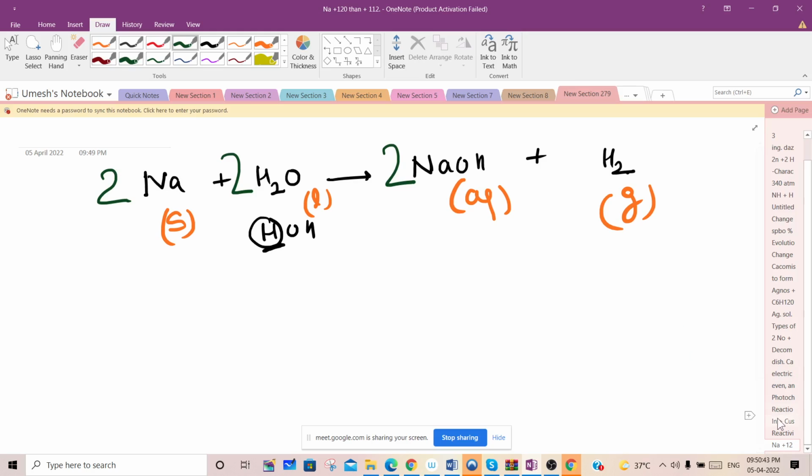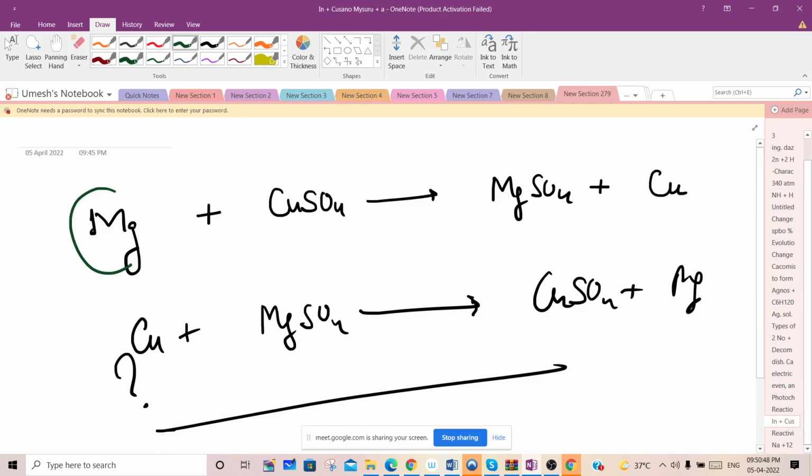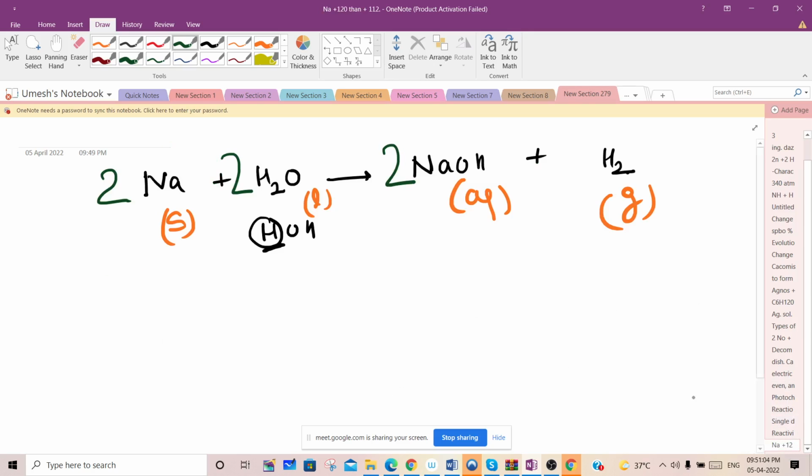In these reactions that I have shown here, one element displaces the other. We call it a single displacement reaction. This is also a single displacement reaction.